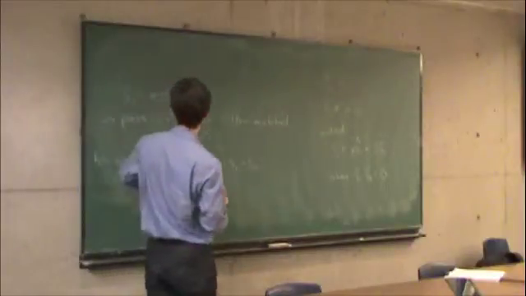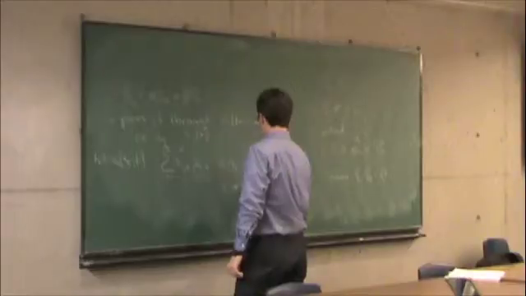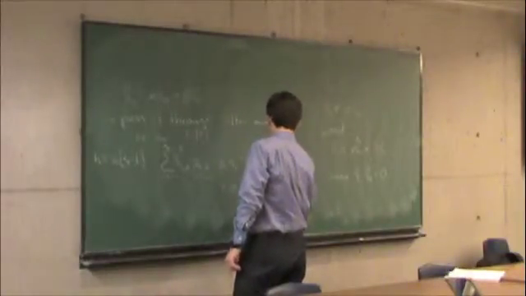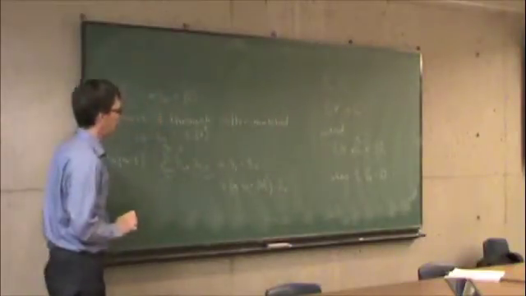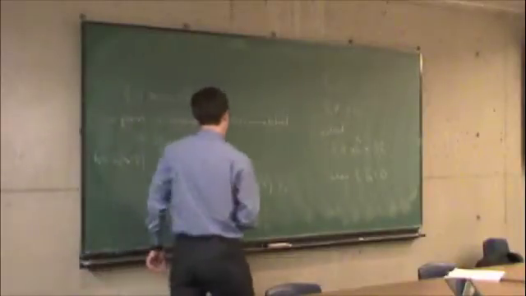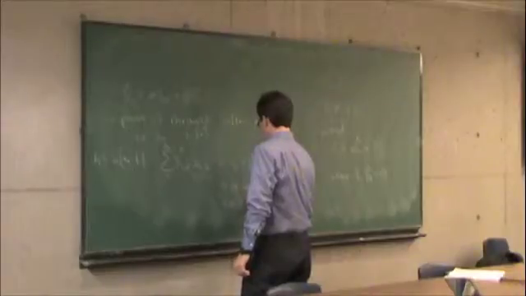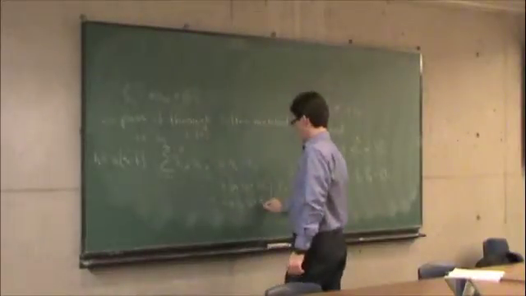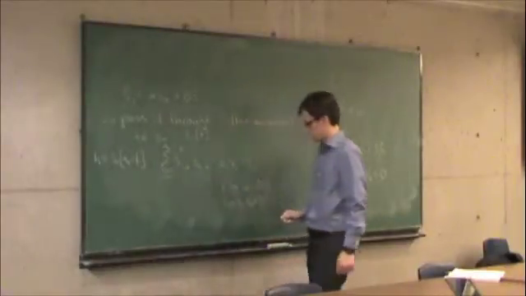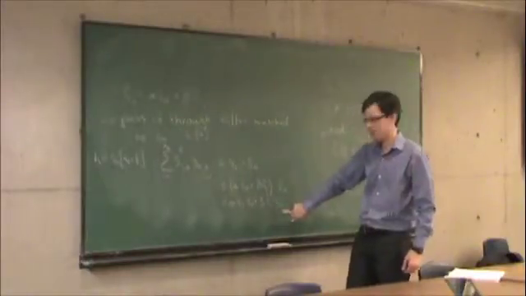But if S1 is alpha S0 plus beta S1 hat, dot S0, then what I end up with is alpha S0 dot S0 plus beta S1 hat dot S0. Let's look at this. What is S1 hat dot S0?